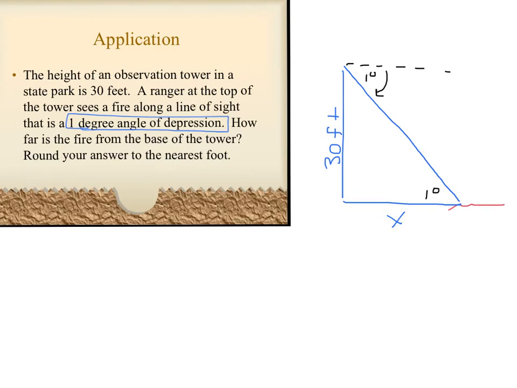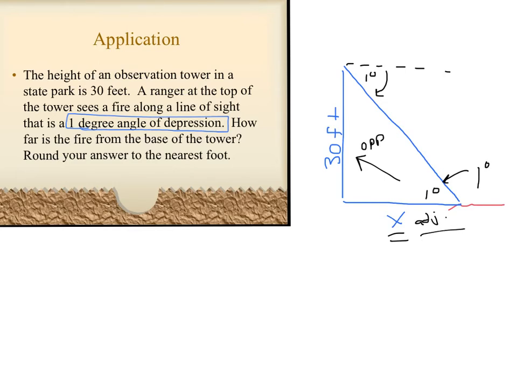You've already seen that in your geometry classes. And now I want to know x. I have an angle that looks like a 10, but it's 1 degree. I have the opposite side, and this is the adjacent. Opposite over adjacent is tangent.